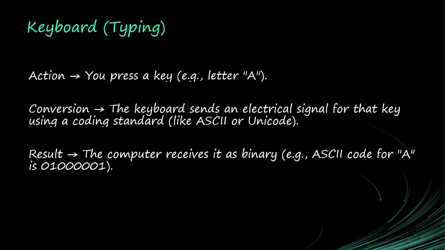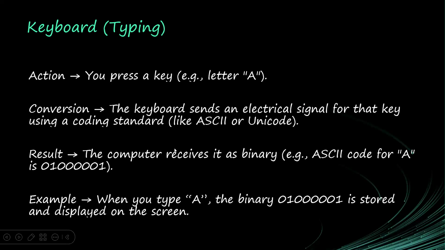And this is the form that the computer understands. So this is data. 01000001 is data, and in this case, it means A. So for example, when you type A, the binary number is stored and displayed on the screen. Okay, so the keyboard will convert it to the form that the computer understands.